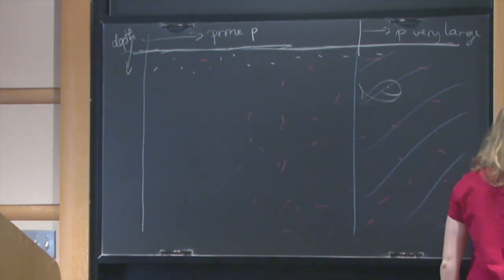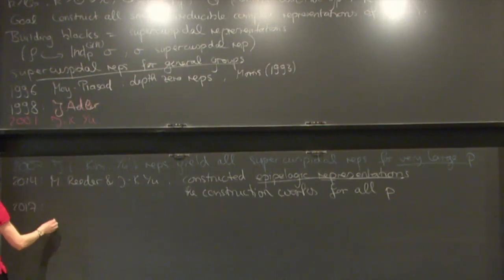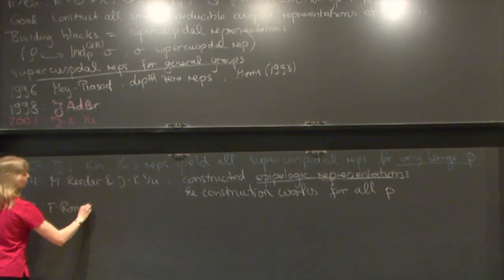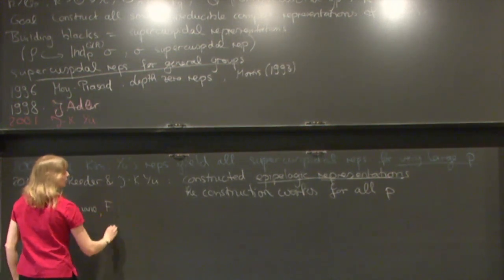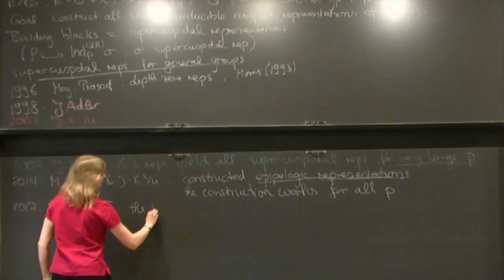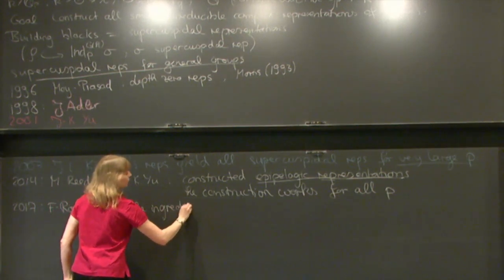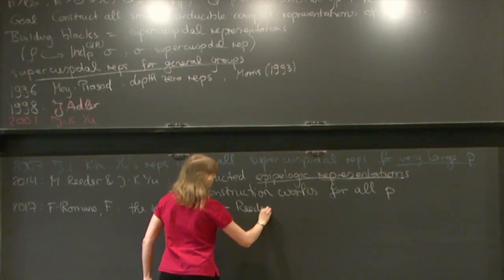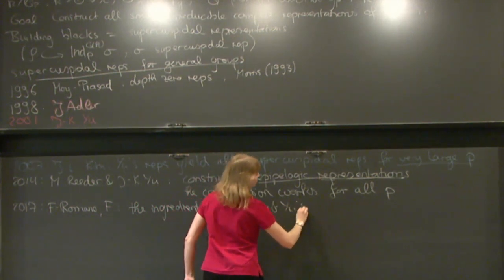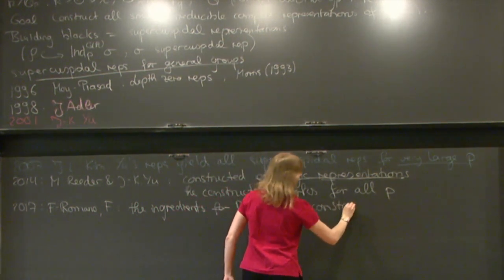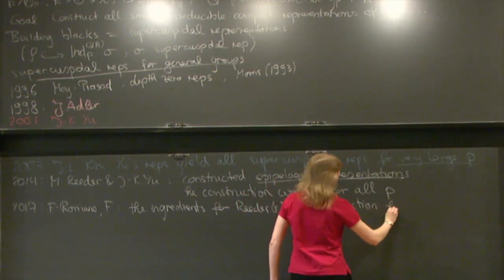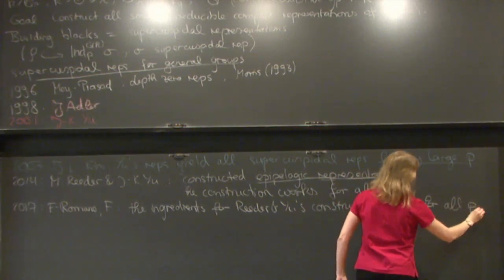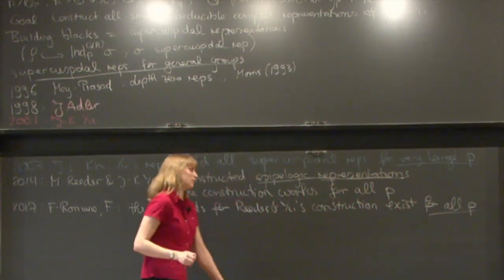So around 2016, 2017, partially in a joint paper with Beth Romano, we showed that actually the ingredients for Reeder and Yu's construction exist for all primes P.